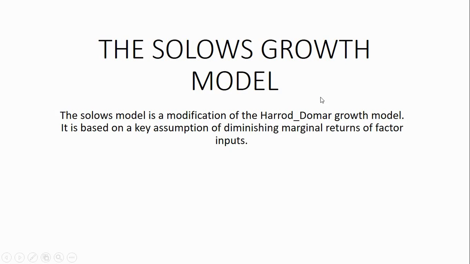Now, the Solow's growth model is a modification of the Harrod-Domar growth model. It builds upon the key issues that were represented in the Harrod-Domar growth model. This model is based on an assumption of diminishing marginal returns of factor inputs, implying that as more and more units of a factor input are used, the output will first increase at an increasing rate, then at a decreasing rate, and eventually decline.